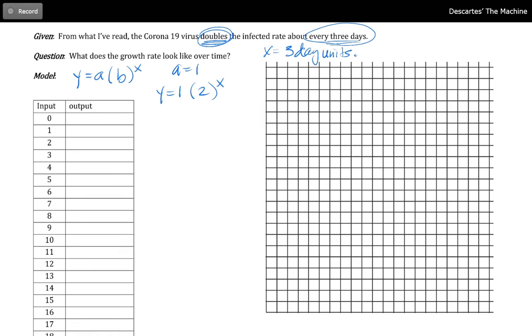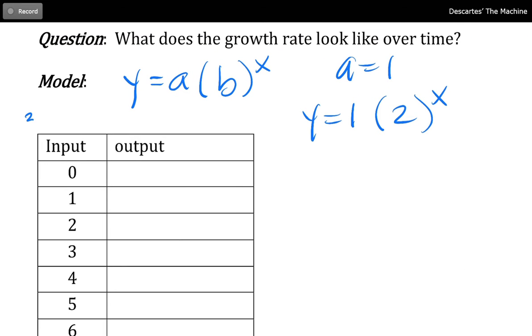X isn't the number of days itself, it's the number of 3-day little packages, or 3-day units. So if we run it from the beginning, when x is 0, how many people are infected? This is x over here, the 3-day units, and this is the number of people infected.